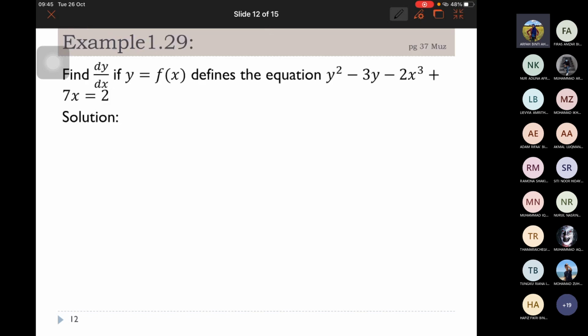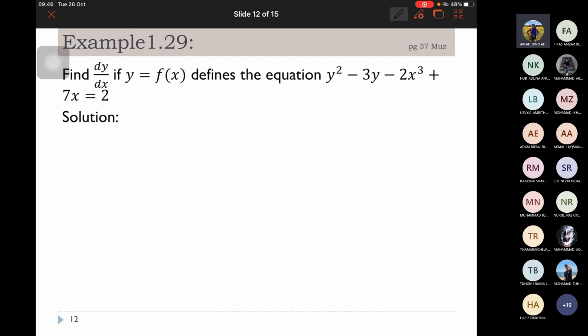Okay, find dy over dx if y sama dengan f(x), which defines the equation of y squared tolak 3y tolak 2x cube tambah 7x sama dengan 2. Okay, so y sama dengan equation of the function f(x).